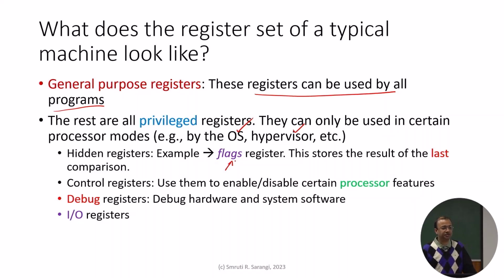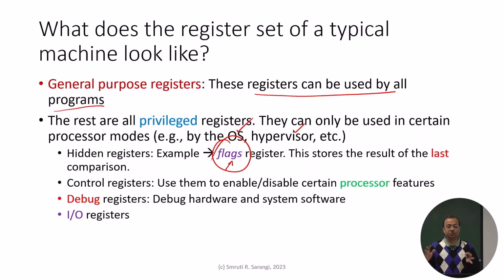In addition, there are a few other hidden registers like flags. What flags does is that it stores the result of the last comparison such that your branch instructions can operate on the basis of flags. That is normally not visible directly. Of course, it is visible implicitly because your conditional branches rely on the flags register.